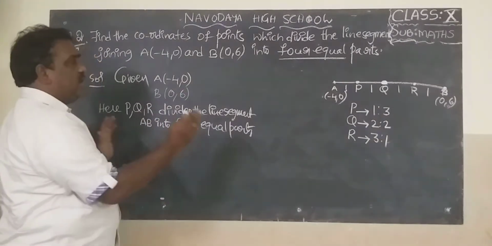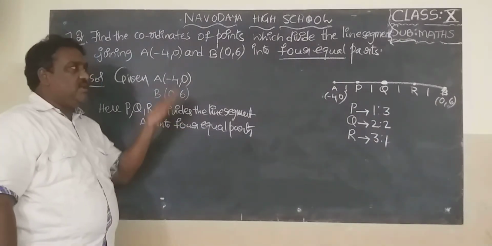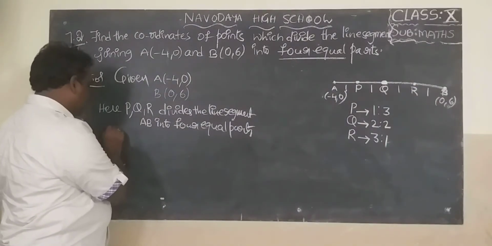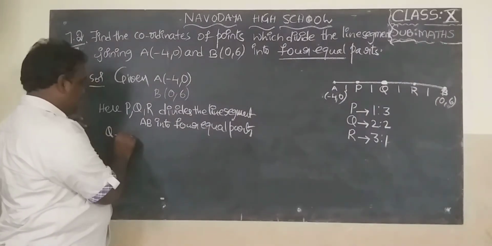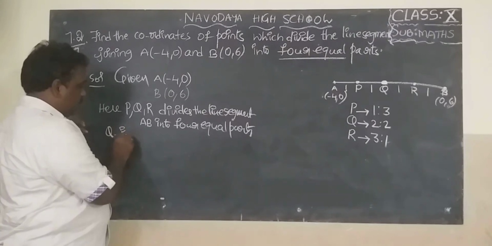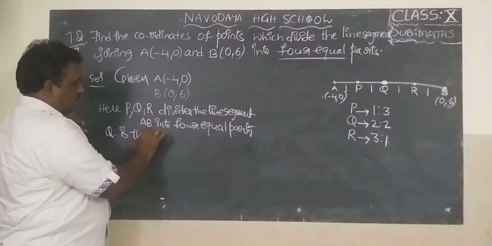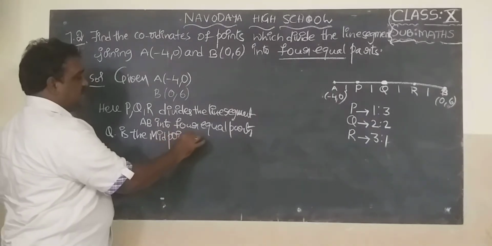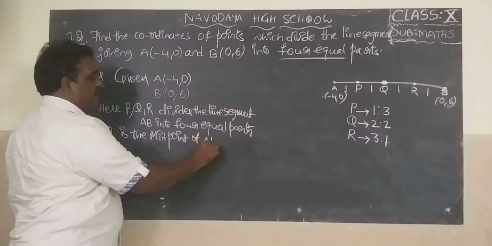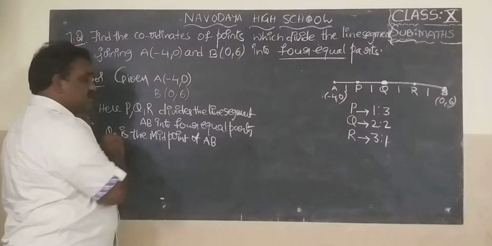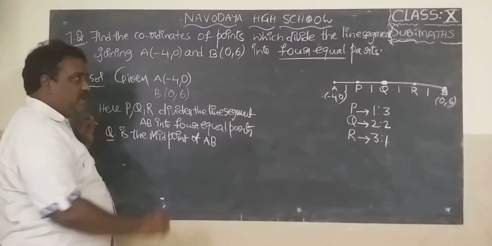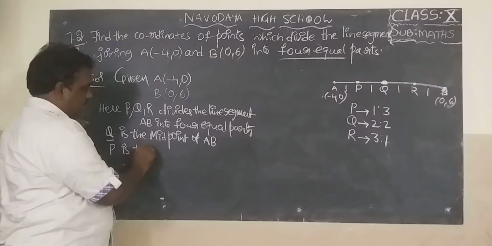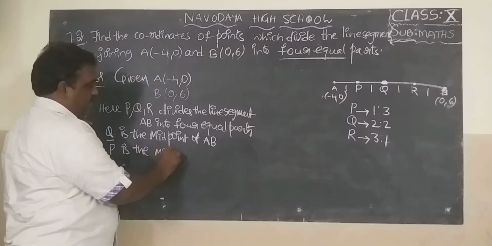Next, if you are interested, you can write each part as 1. Then what is Q? Q is the midpoint of AB.